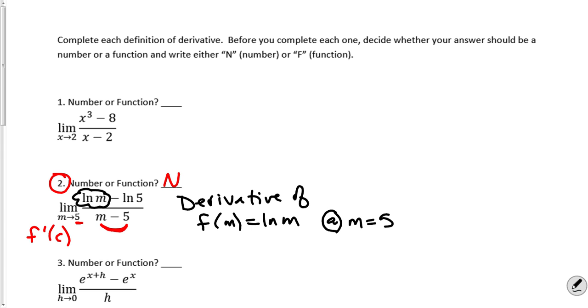Okay, so if I start with the function natural log, I know what that derivative is. Go back to the other page if you don't remember. I know that f prime of m is going to be 1 over m, and I want it at m equals 5, so f prime of 5 is going to be 1 over 5.